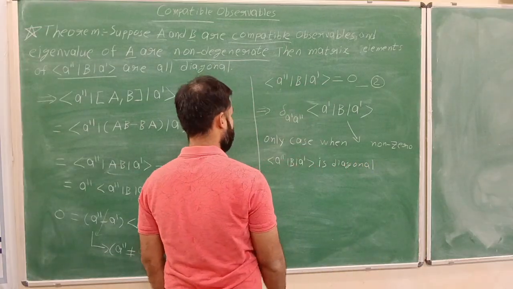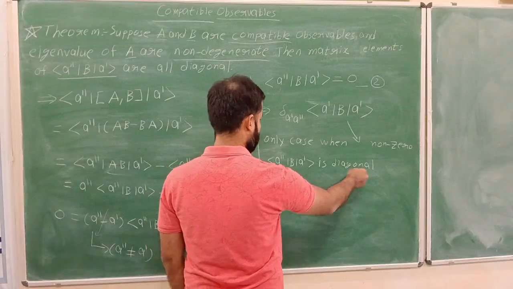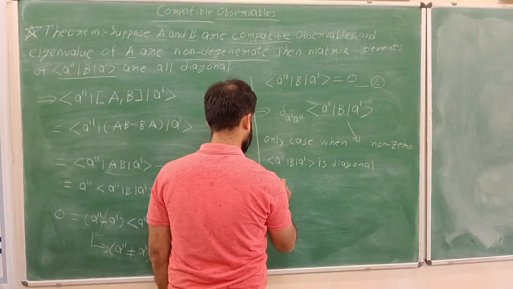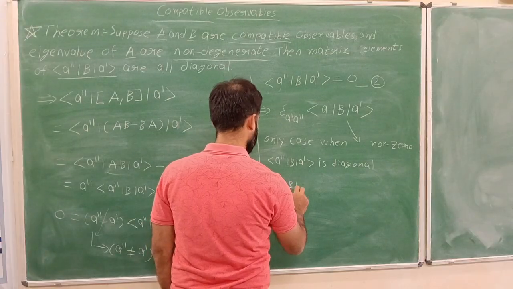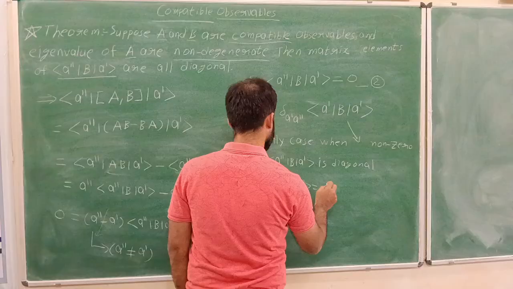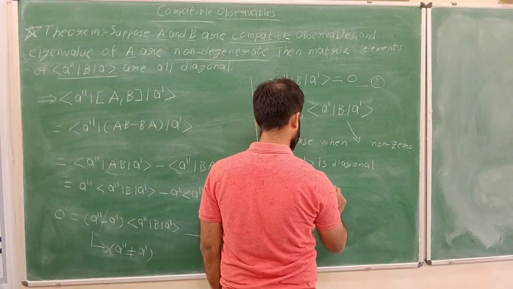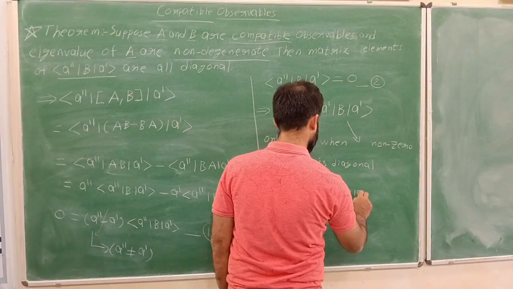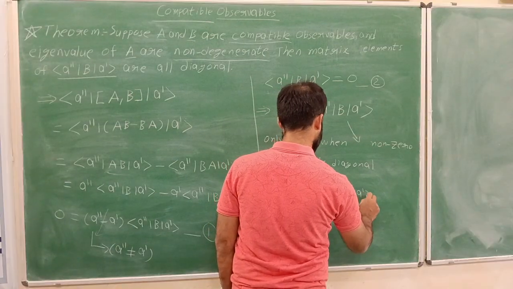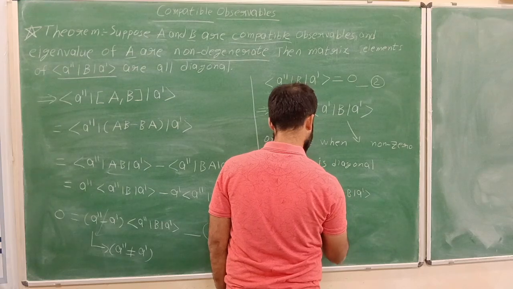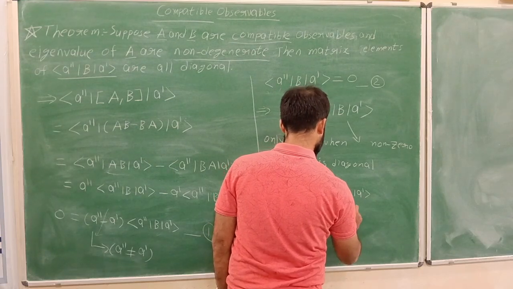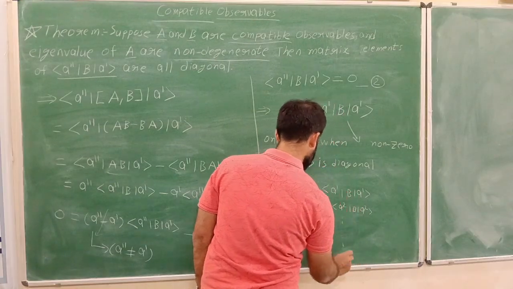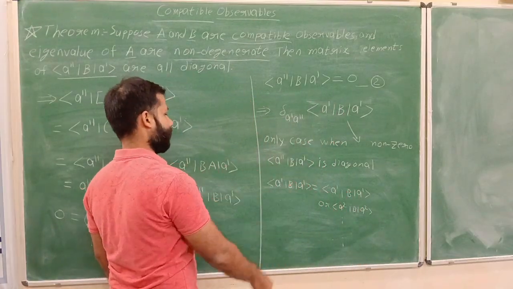How do we write a matrix element which are diagonal elements? Write it like this. A prime, all possible cases.